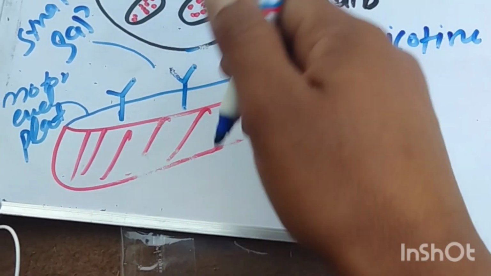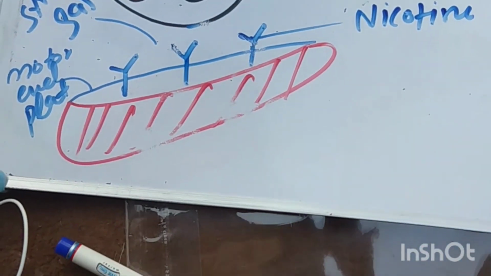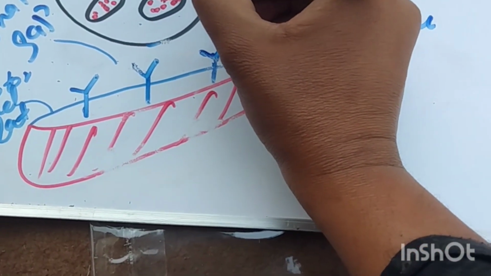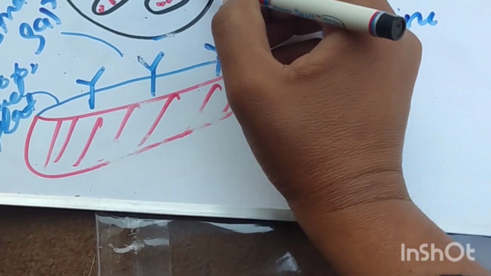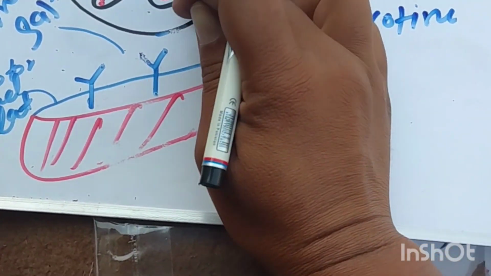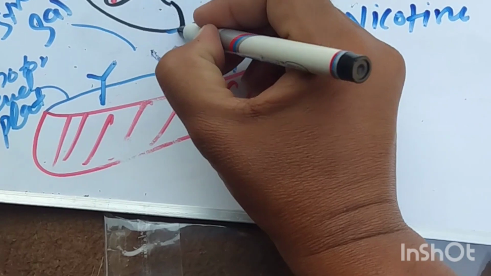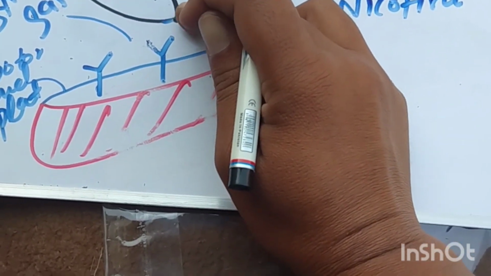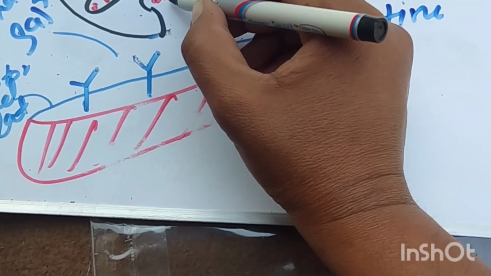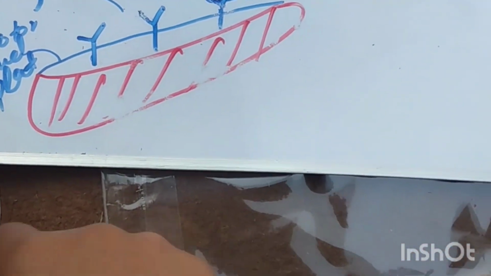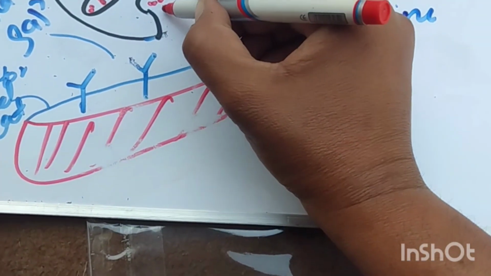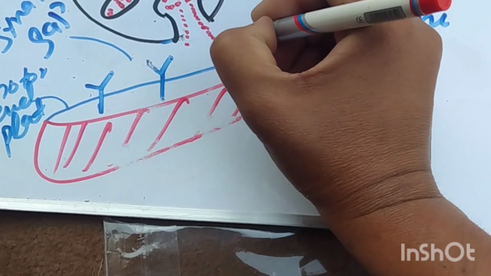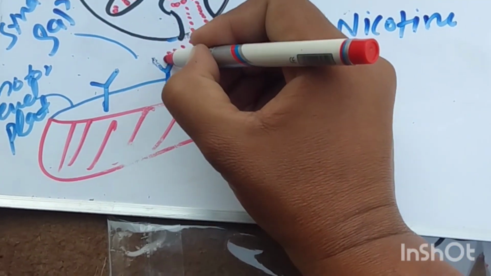So when a nerve impulse stimulates these vesicles, they start to diffuse. And the acetylcholine is released out from these vesicles and attaches to the receptors, the nicotine receptors.